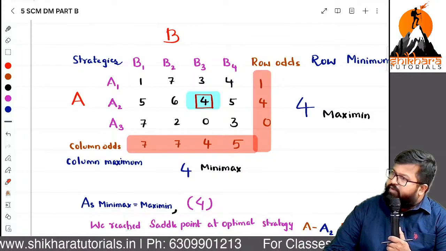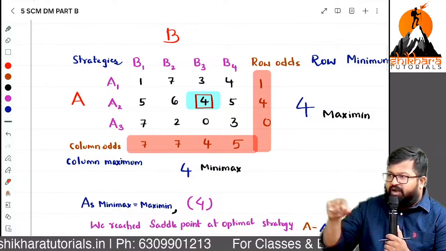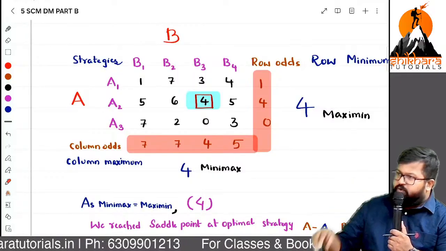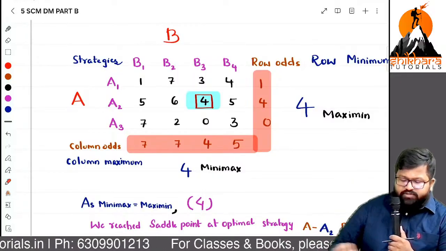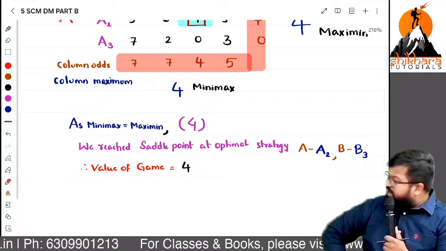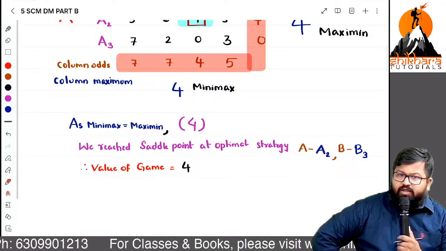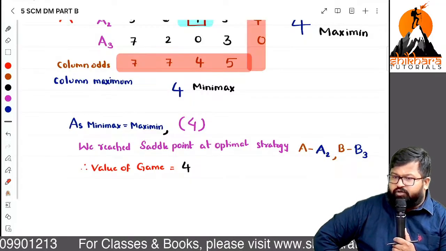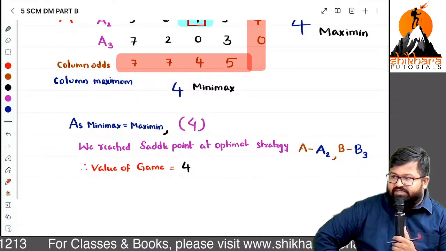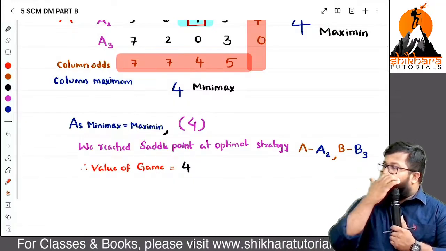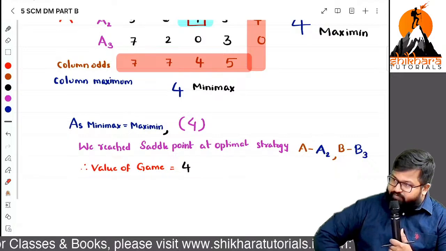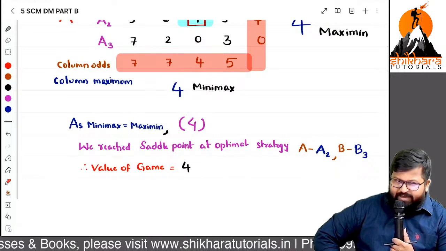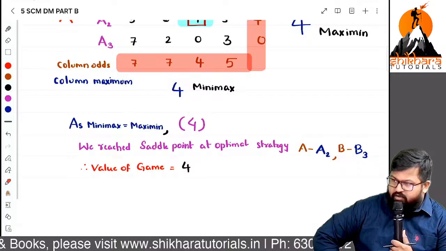B3, because they are the same values together. So at this point we reach a saddle point. So for player B, the strategy will be B3. And at the end, therefore, the value of the game is 4. So this is a basic way of doing problems.